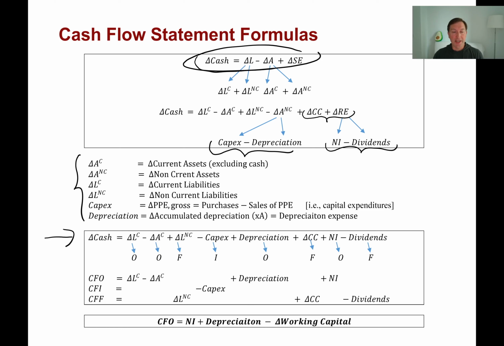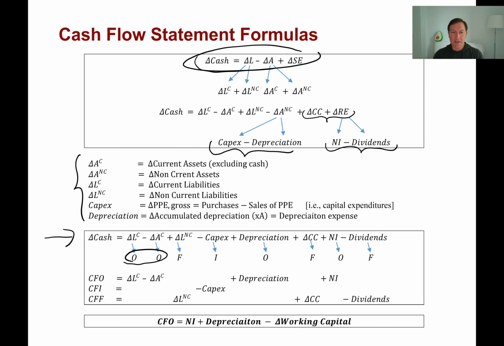So for instance, if we take change in current liabilities or change in current assets, those are classified as operating transactions, right? Current liabilities and current assets change due to things like buying inventory, receiving accounts receivable, paying accounts payable. Those changes are related to operating day-to-day transactions, okay?